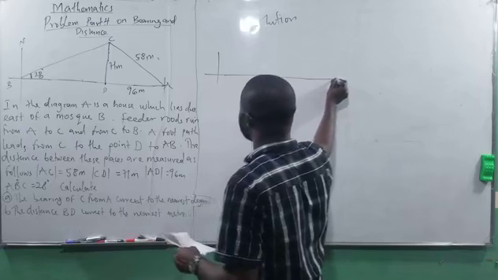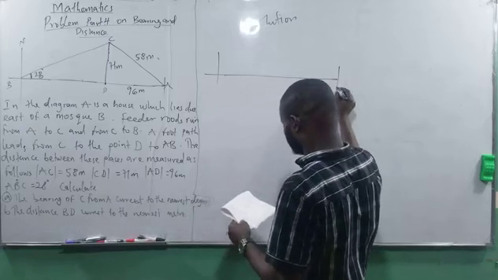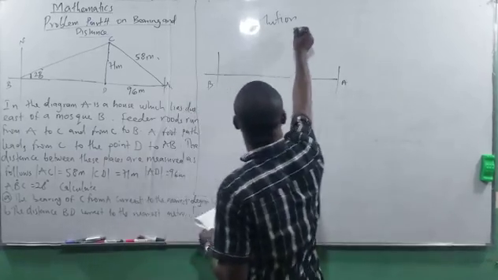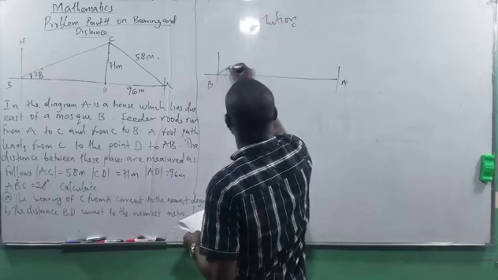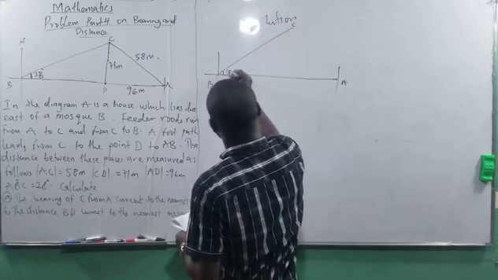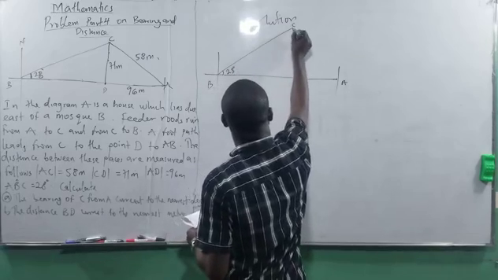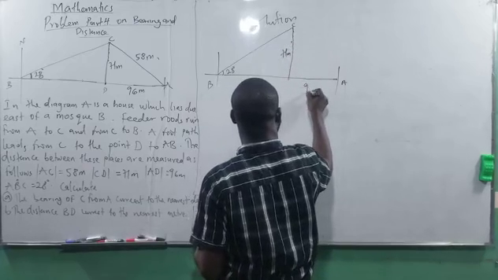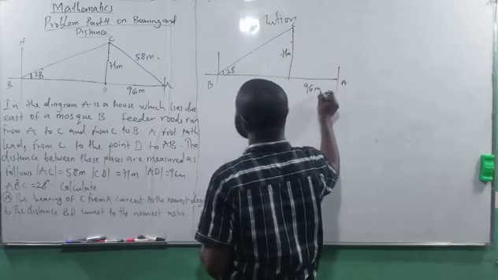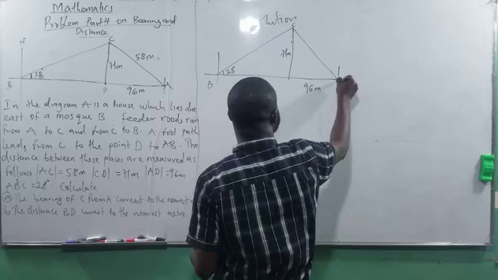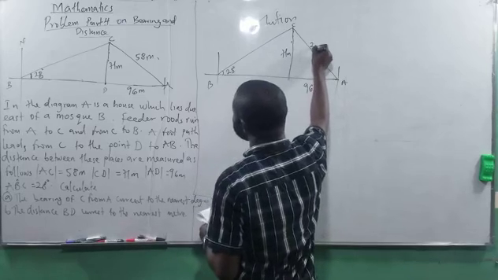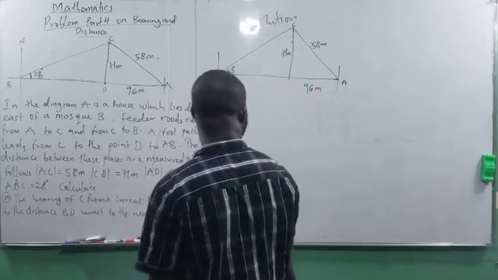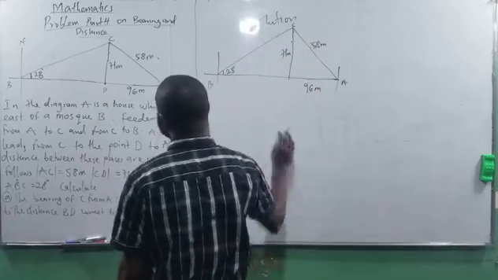I call this place A, this place B, and this place C. It was 28 degrees, and here is 71 meters, 96 meters, and here is 58 meters. Here is C, here is B, here is E.